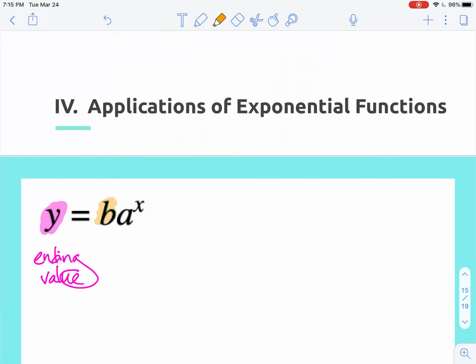This b that is in front of our a actually stands for our starting value. Sometimes we call it the initial value.